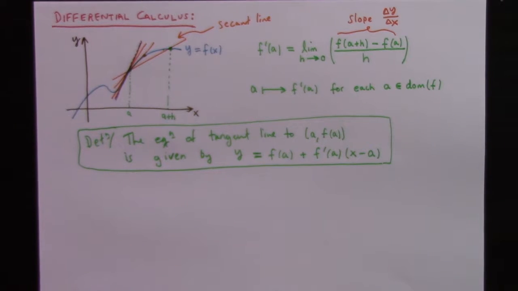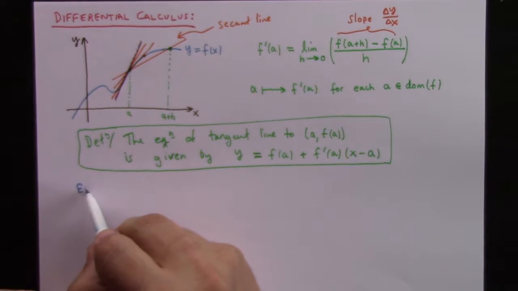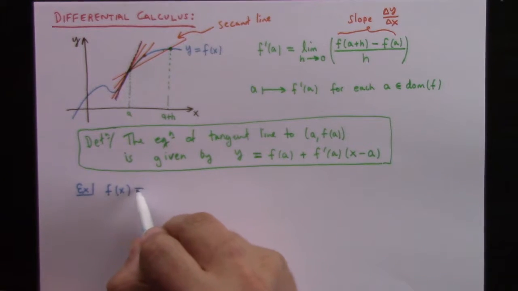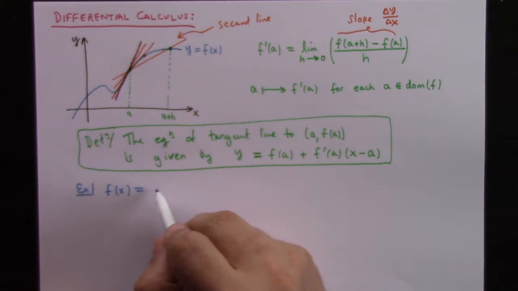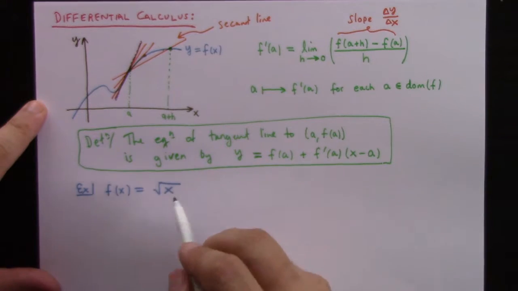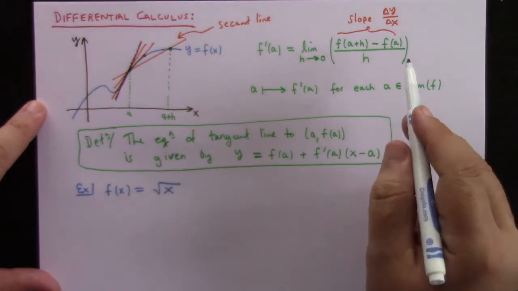So let's see here. For example, if we had f of x equals, say, the square root of x, right? And now of course there's another way you can write this.